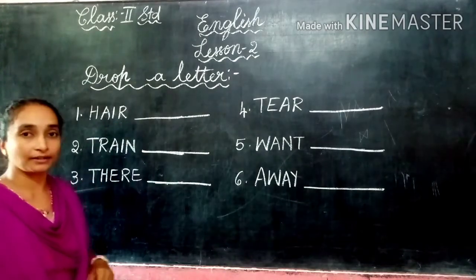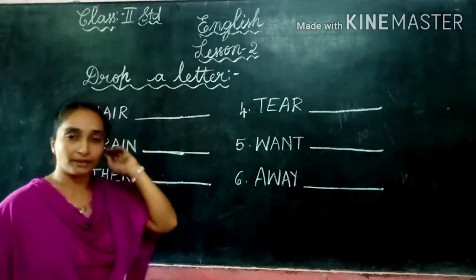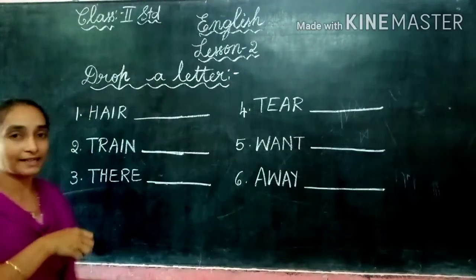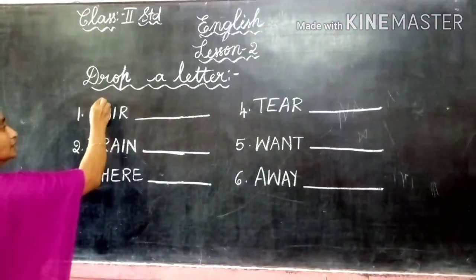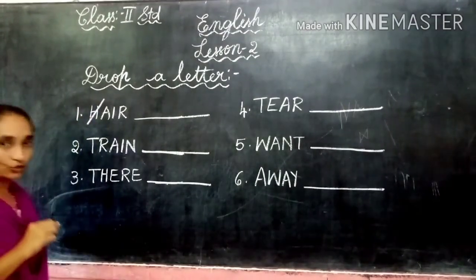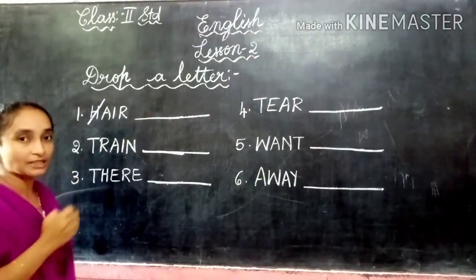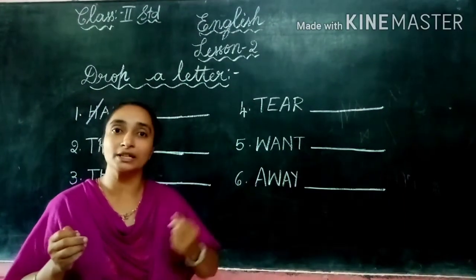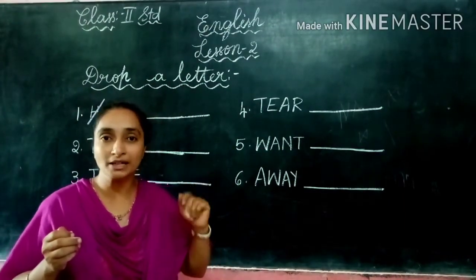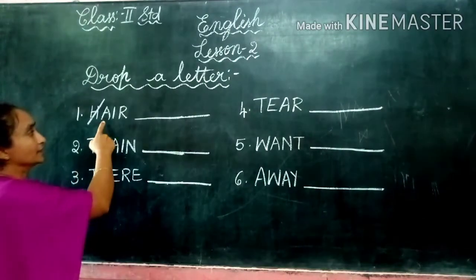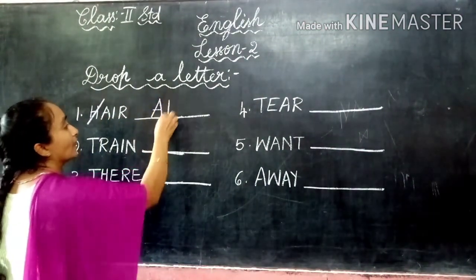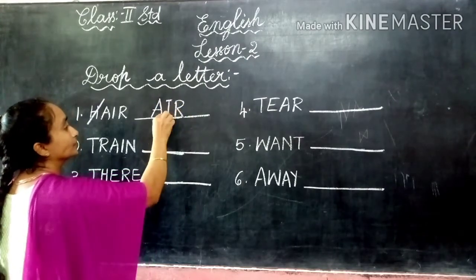H-A-I-R, hair. We have to drop a letter from this. For example, the first letter H. If I drop it, that means if I remove it, then we can find another word with another meaning. So what are the remaining letters? Let us write here A-I-R, air.